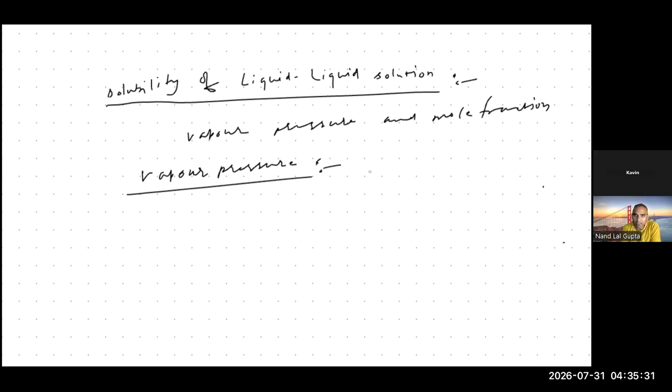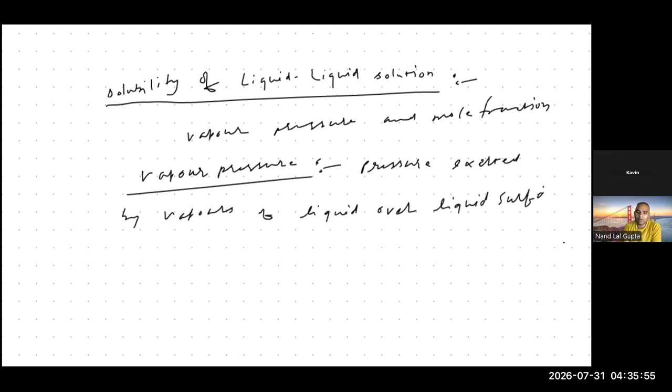This is the pressure exerted by vapors of liquid over the liquid surface. For example, suppose a liquid is there.